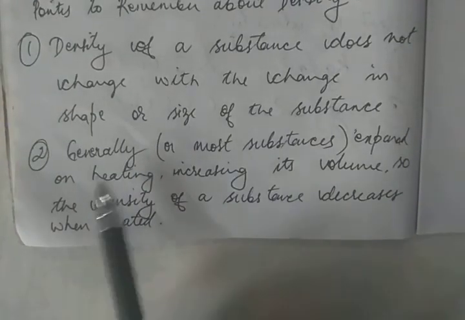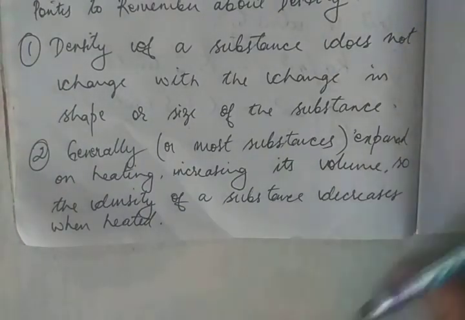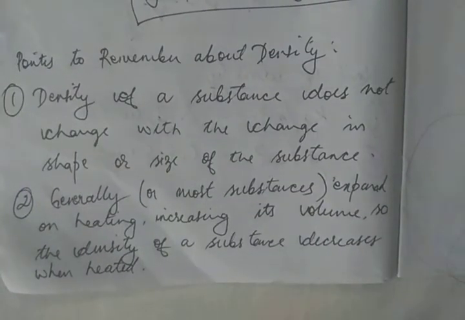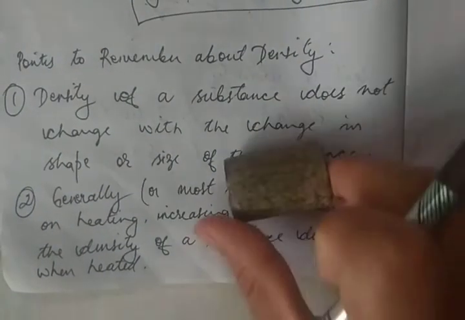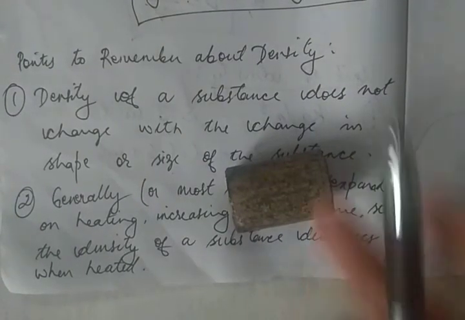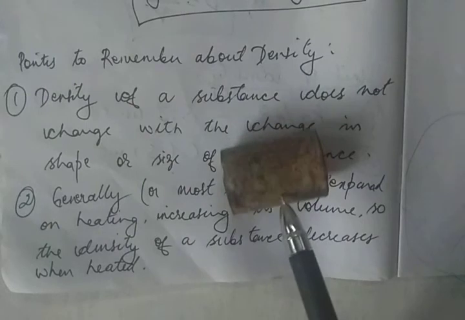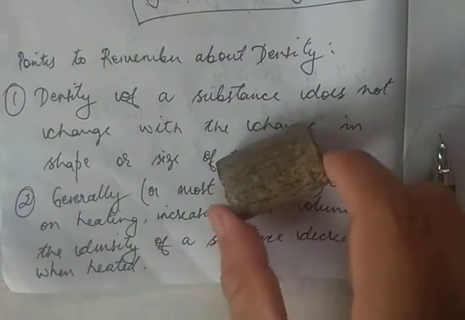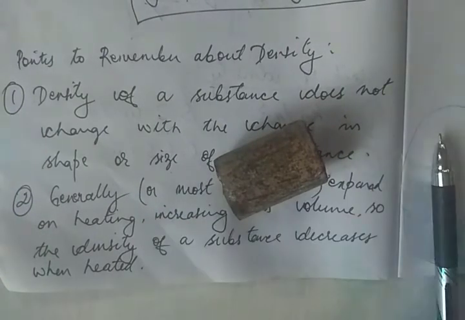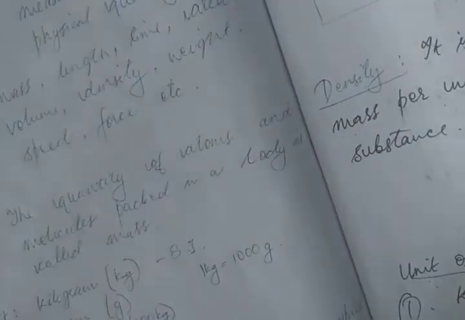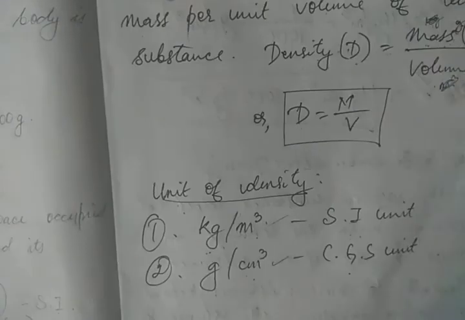Another thing, I can't show you this second point in the video, so you have to take my word for it. When we go on heating substances, like for example I heat this piece of iron, the iron will go on expanding, meaning its volume goes on increasing. Now let's come back to the mathematical expression for density.